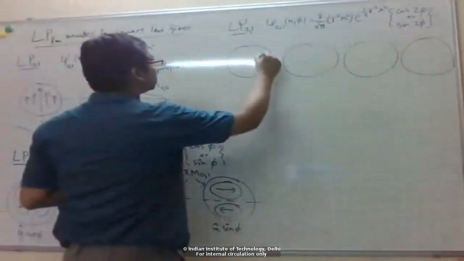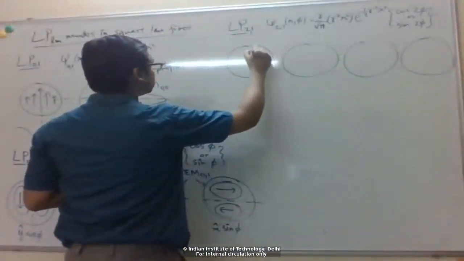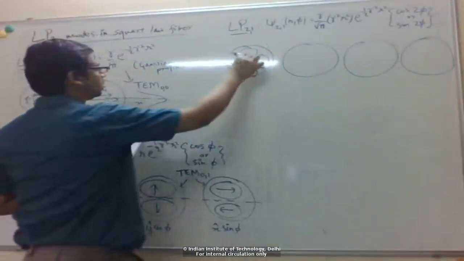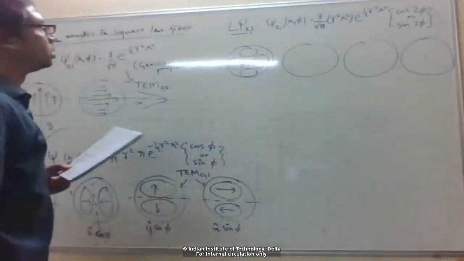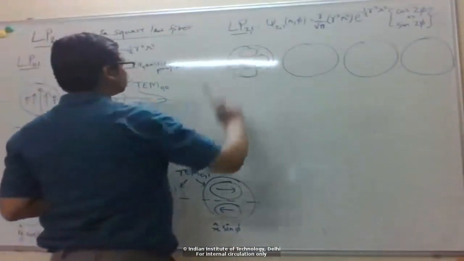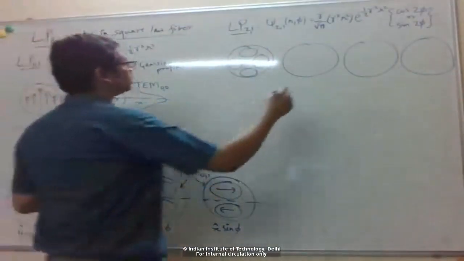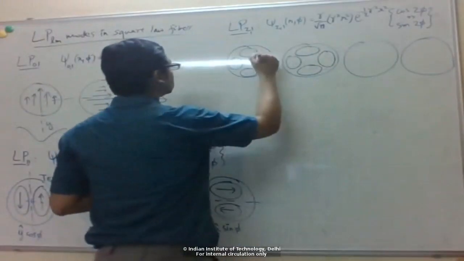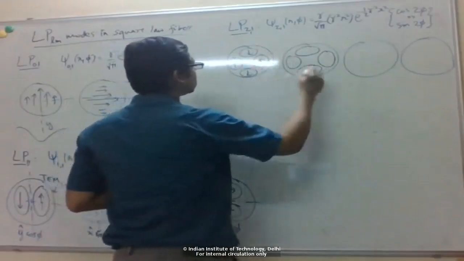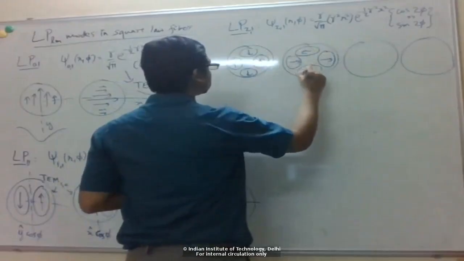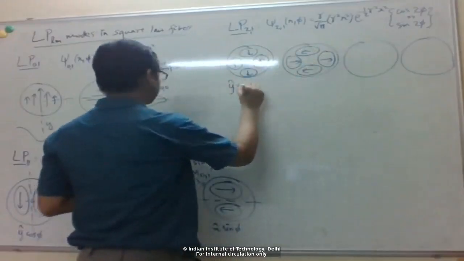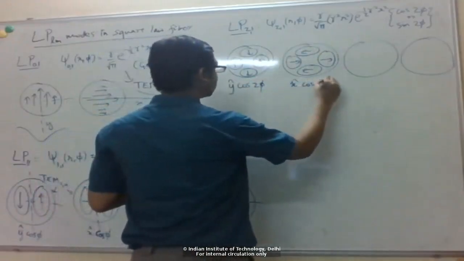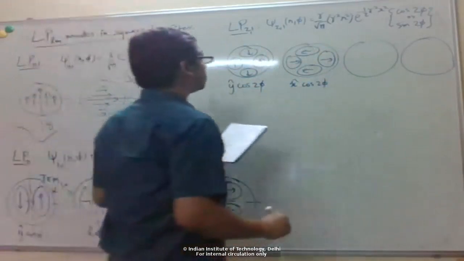So if we take cosine, then we'll have 4 lobes like this, with zeros at pi by 4, and then intervals of pi by 2, so pi by 2 plus pi by 4, etc. So this will be y polarized cosine 2 phi, x polarized cosine 2 phi.